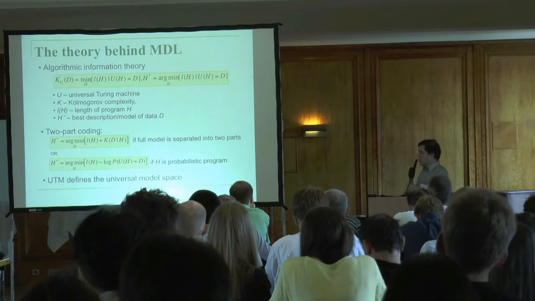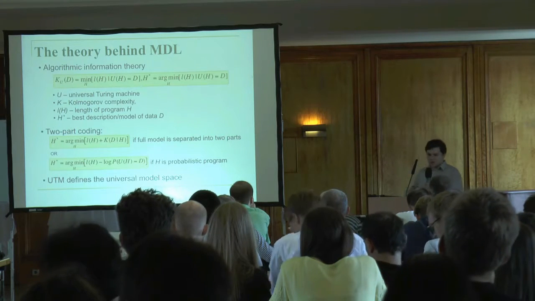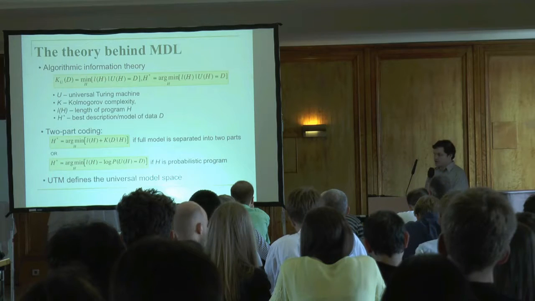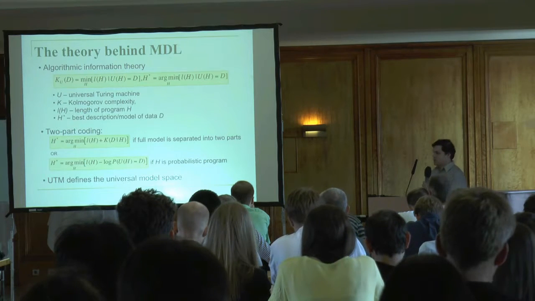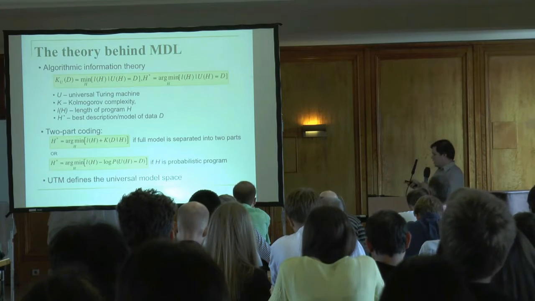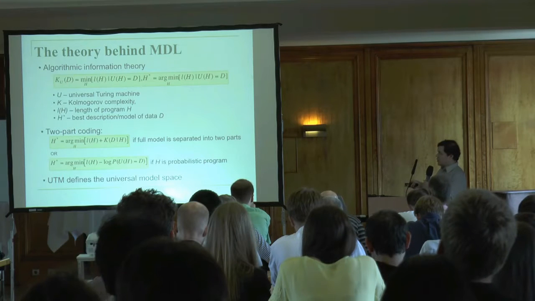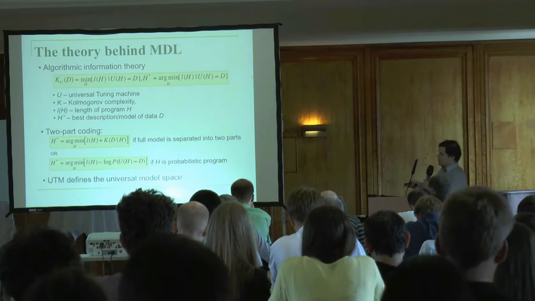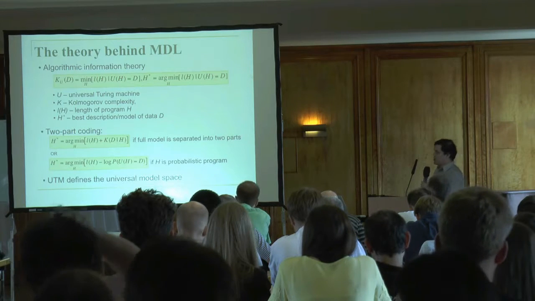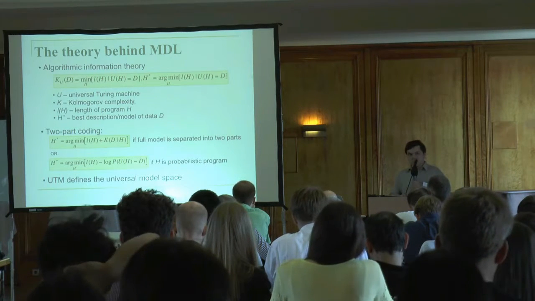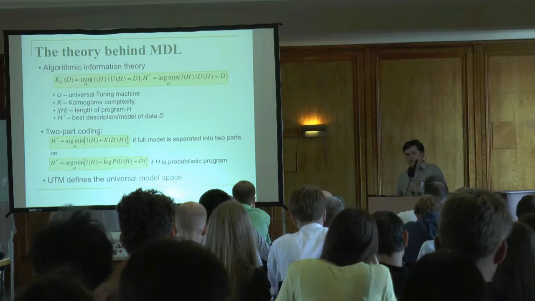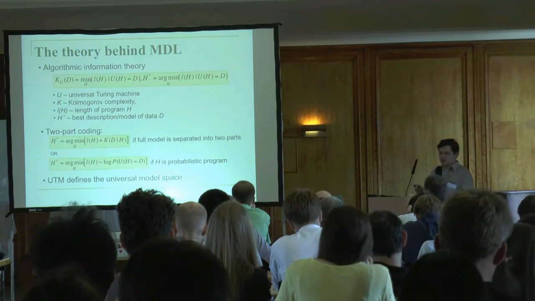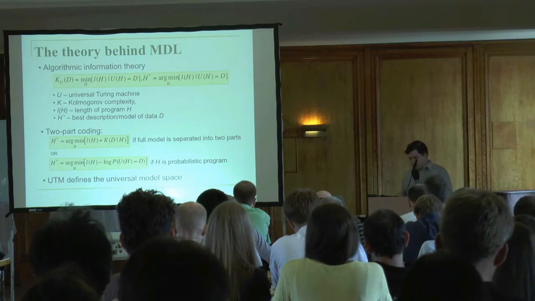given this program. Another way is to consider stochastic programs, a stochastic Turing machine, and in this way we will get the description length of the program, and actually the probability that this program will generate this data when it is run on the stochastic Turing machine.